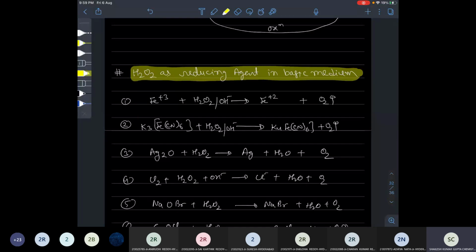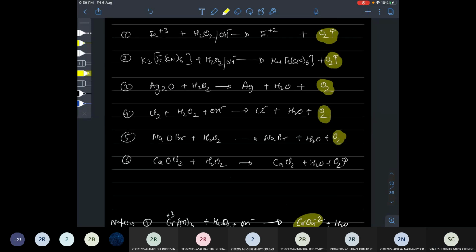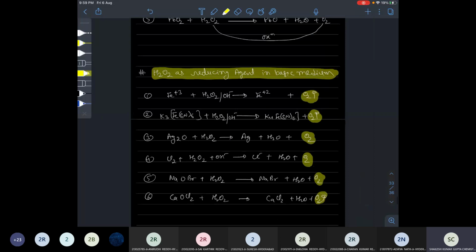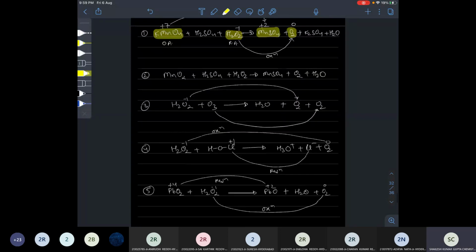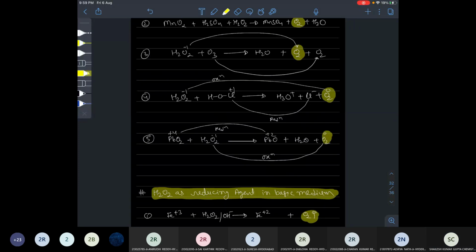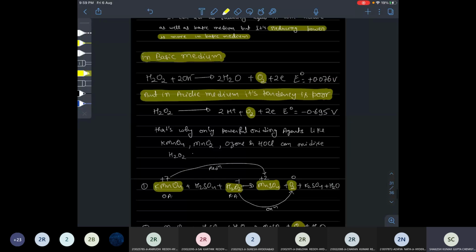Wherever it is acting as a reducing agent, you will get oxygen. I'm highlighting it every time so that you should not get any kind of problem with it. Everywhere you will get oxygen. This is the identification that H2O2 is undergoing oxidation, right?